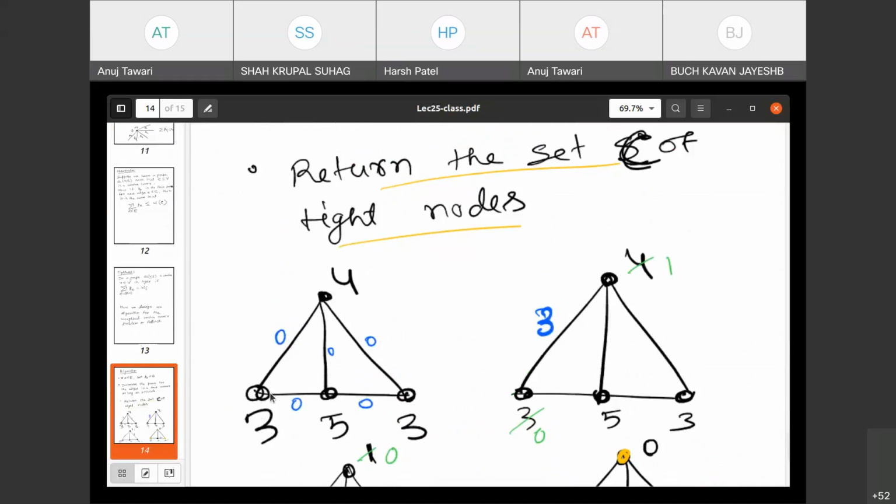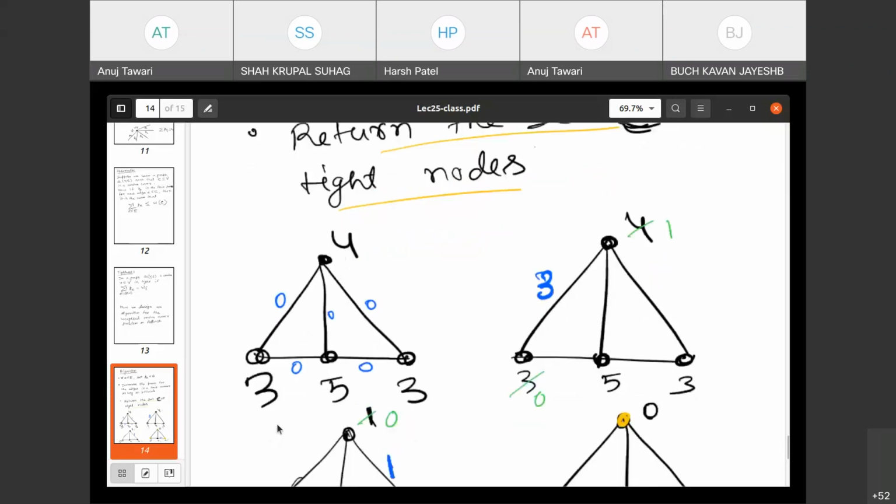In this case, it is 3. So we increase this price to 3. Once you have increased the price of the edge, you have to remove that much weight from those vertices. So this will become 4 minus 3, that is 1, and this will become 3 minus 3, that is 0.